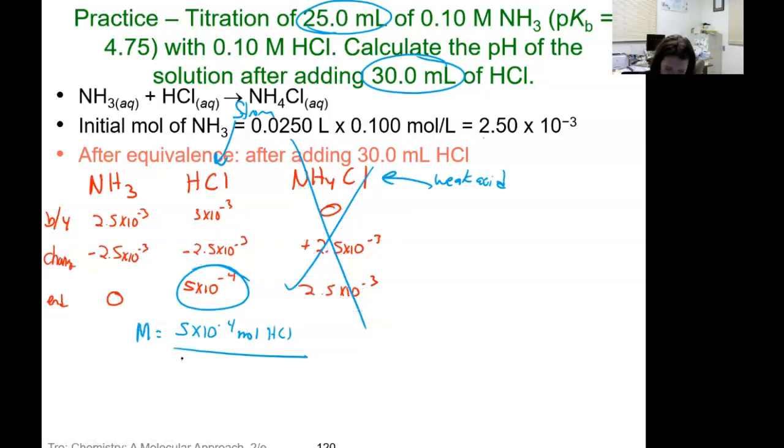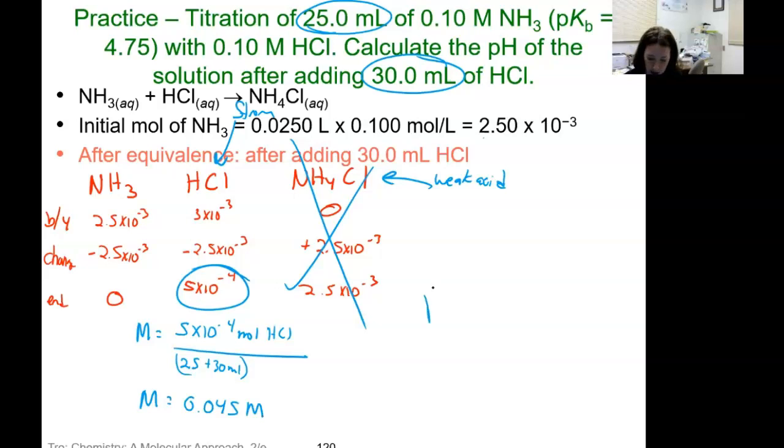Obviously you have to turn that into liters, 0.055 liters. So then you end up with 0.0091 molar. Everyone knows how to turn those into liters.